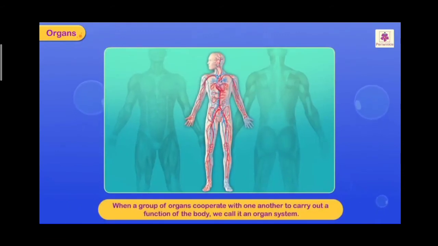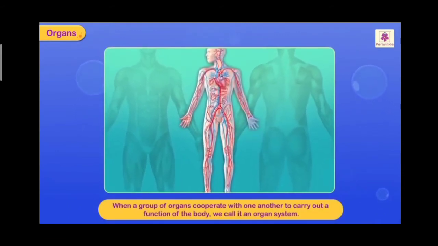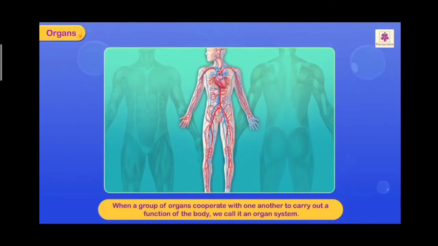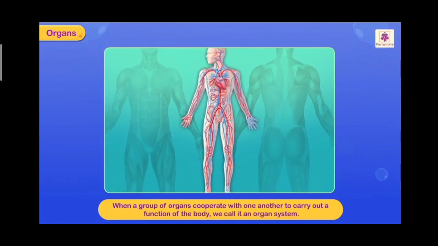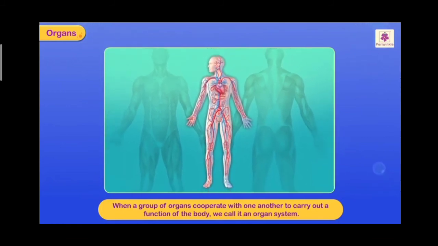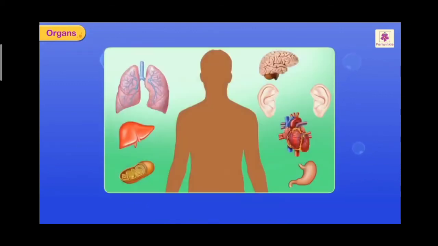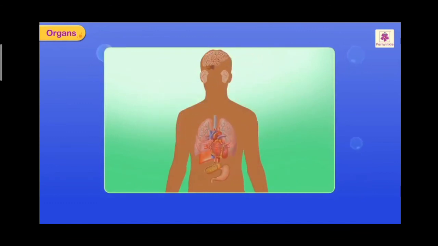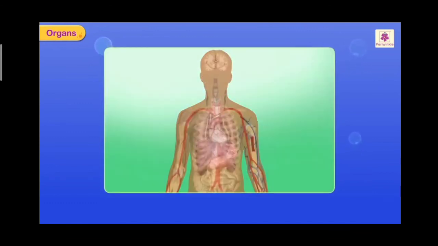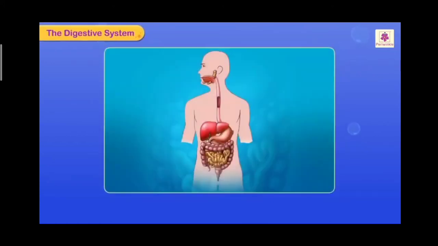When a group of organs cooperate with one another to carry out a function of the body, we call it an organ system. Look at this diagram showing the journey of a cell to form an organ system. Now, let's look at the organ systems in our body and how these systems function. The digestive system.